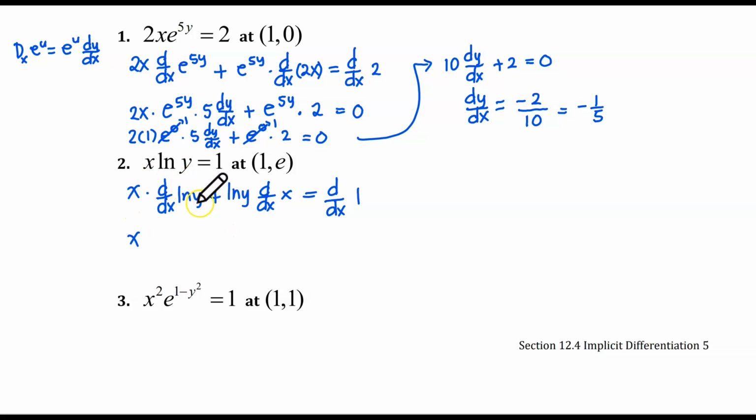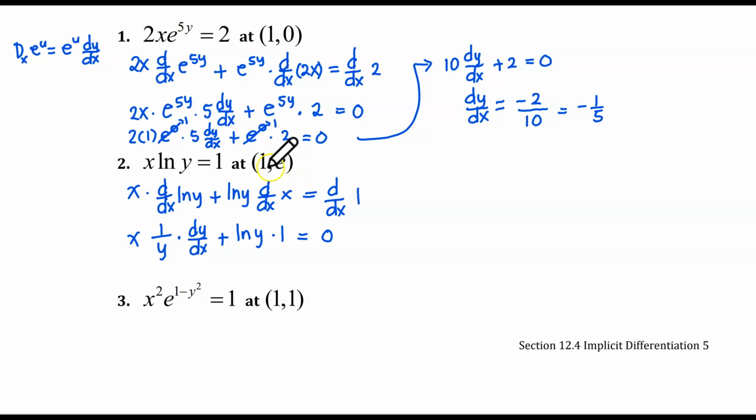Since this variable here does not agree with this variable, that means we use the chain rule. The derivative of ln u is 1 over u. So in this case, the derivative of ln y is 1 over y times the derivative of y with respect to x. So times dy/dx plus ln y, and the derivative of x with respect to x is just 1. This is equal to 0. The derivative of 1 with respect to x is 0.